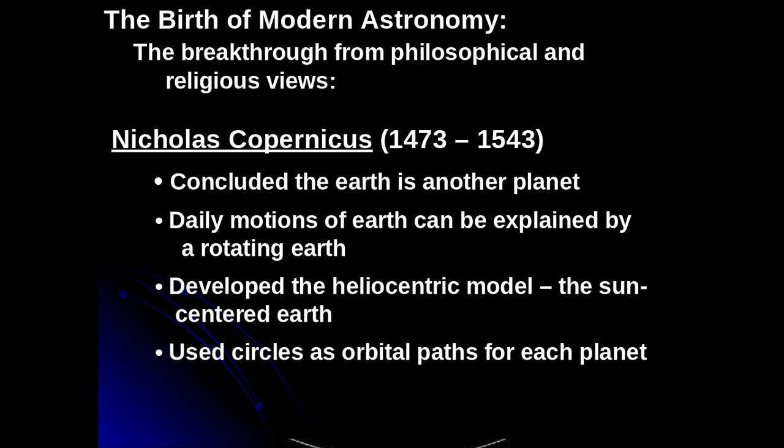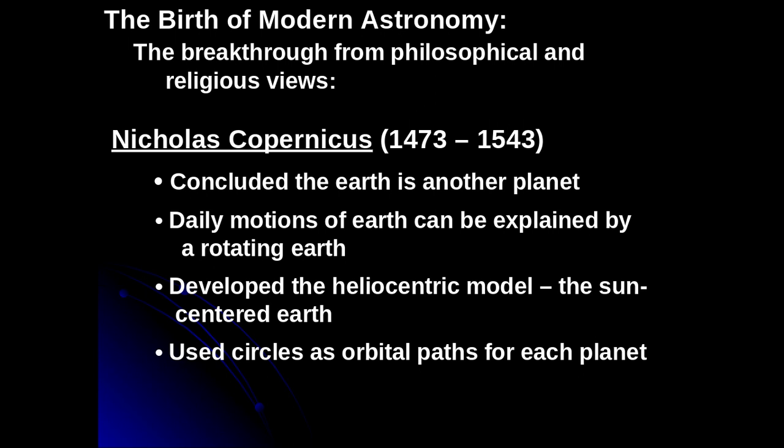So this led Copernicus to say, something else must be going on. He did some more study and concluded that the Earth basically is another planet. So in order to fit his mathematical model to predict the location of planets, he had to modify the geocentric model.